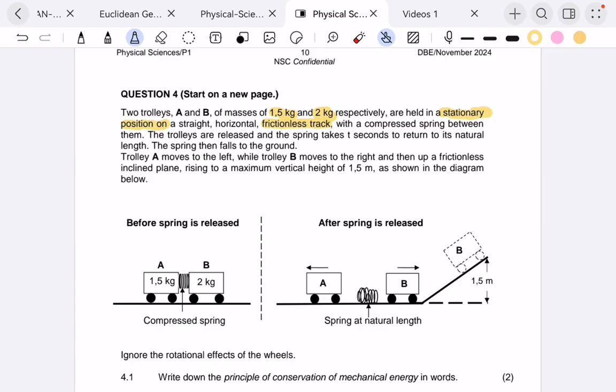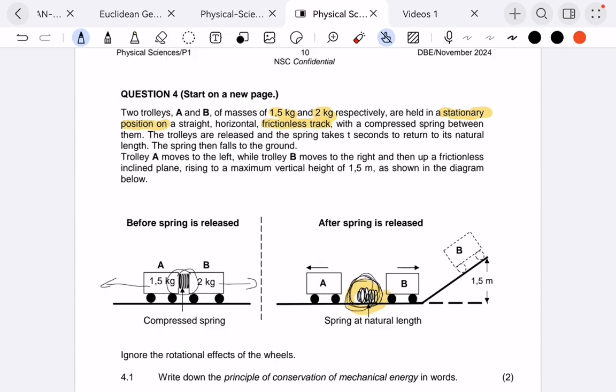So what is going to happen here is that this spring is compressed between these two trolleys, and when they release the spring, these two trolleys will start to move in opposite directions until this spring is back to its natural length.